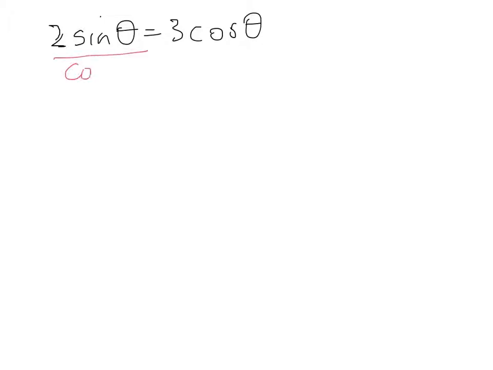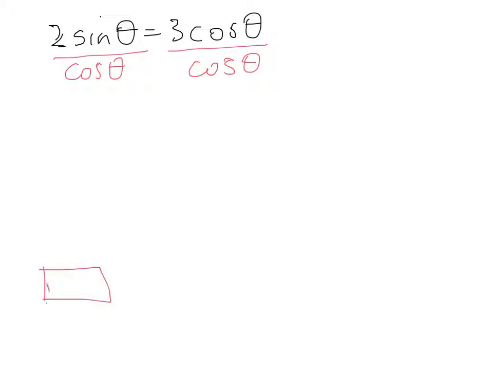The last one for now, let's say I've got 2 sine theta equals 3 cos theta. Alright, well, I can't solve that as it is. But what I could do, what happens if I divide by cos theta on both sides? And again, my aim is just to have one ratio.